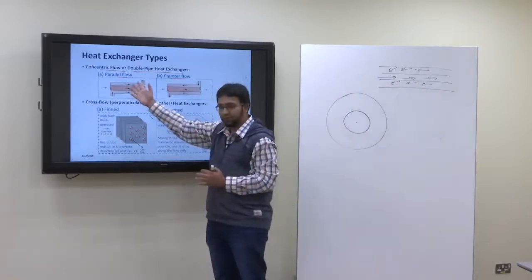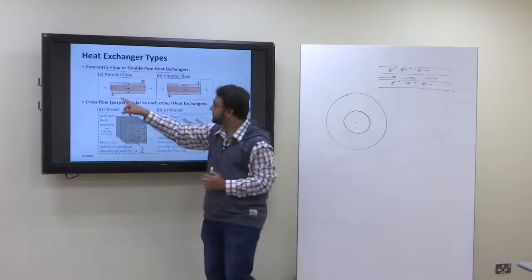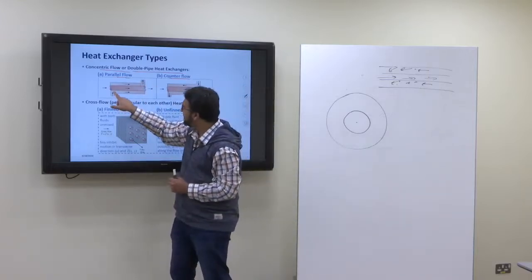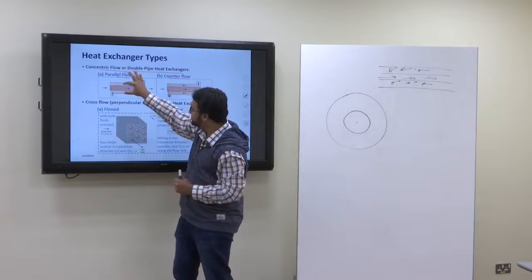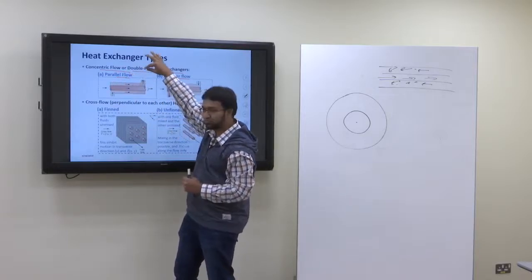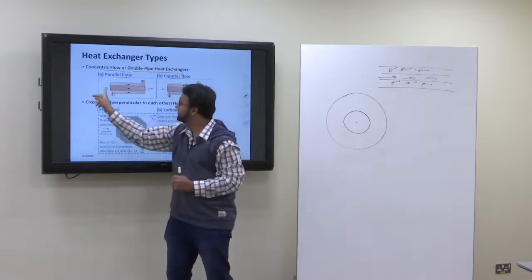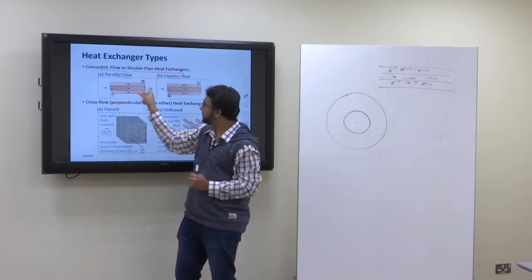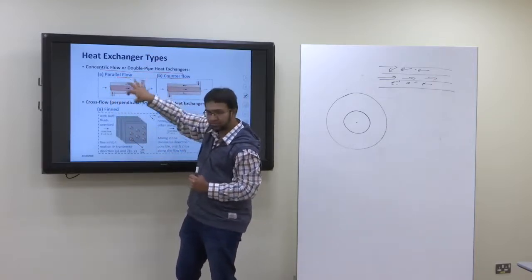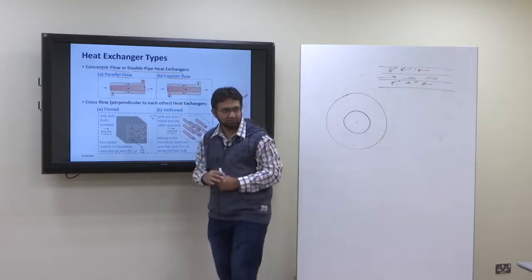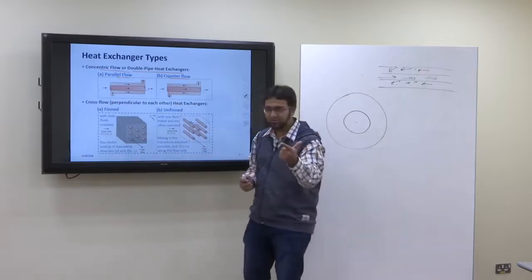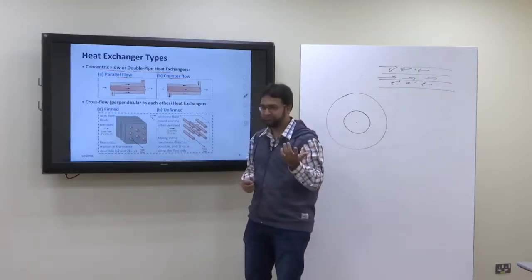So this is a parallel flow heat exchanger. You see here, one fluid is entering here, goes into the annulus region, then comes out. The other fluid is entering from the center pipe and moving, but they both are moving in the same direction. So it's a double pipe, concentric, parallel flow heat exchanger.